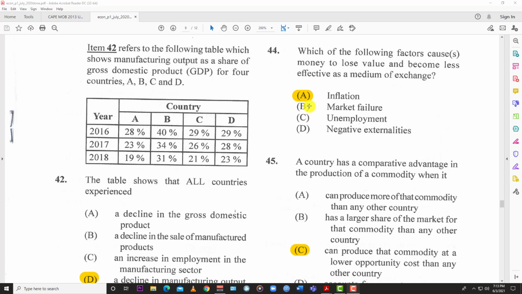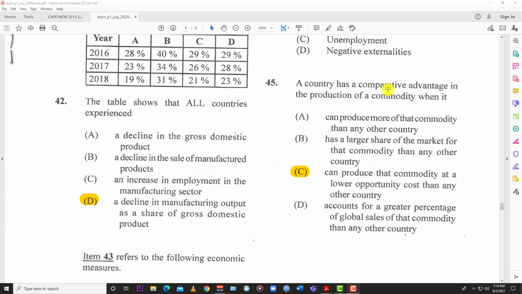So maybe you could have bought a bread for $1, and then because of inflation, bread has gone up to $1.50. Now that same dollar cannot buy a bread anymore. Right, so the value of that dollar has reduced. You have to bring more to get the bread. So that's what we're talking about. The value of the money reduces because of inflation.